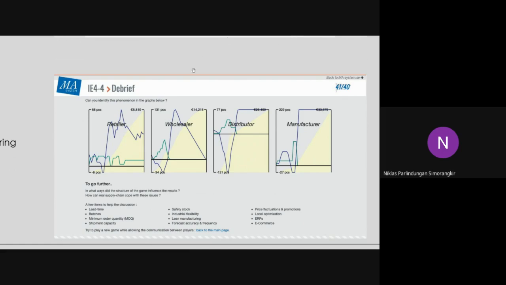The one that's the least worrying is the retailer, where there's a great balance between the increases and the decreases in terms of the order sizes. But eventually, in everything here, all of the costs increase, and the most worrying is the manufacturer, where the cost increases sharply, but in a constant manner.